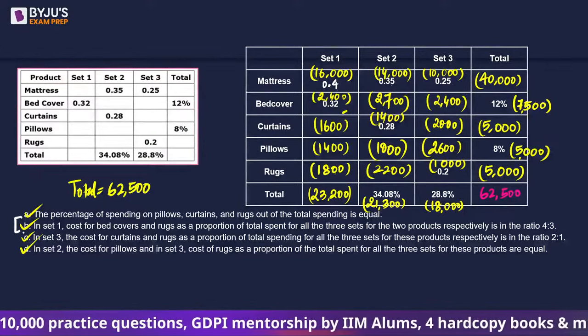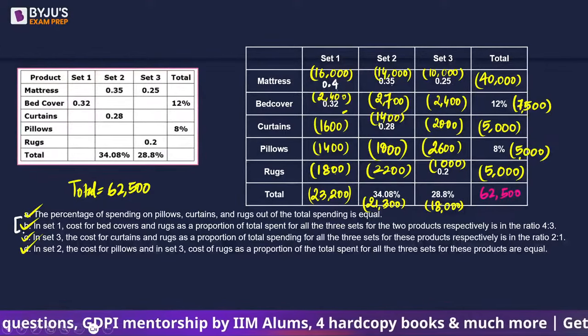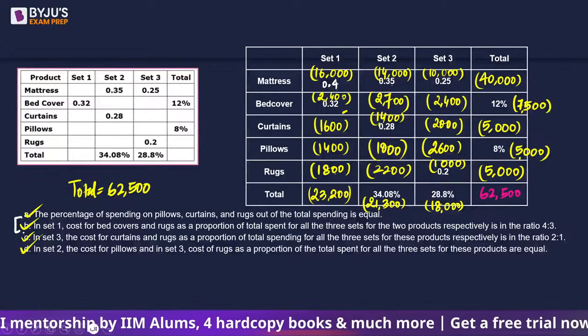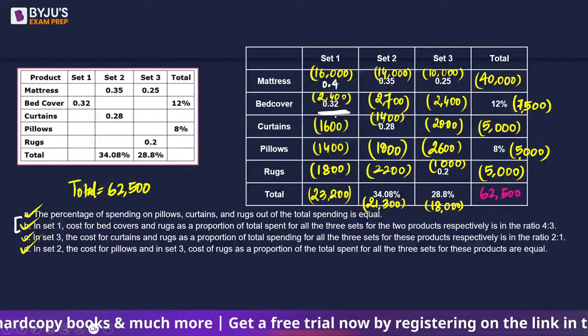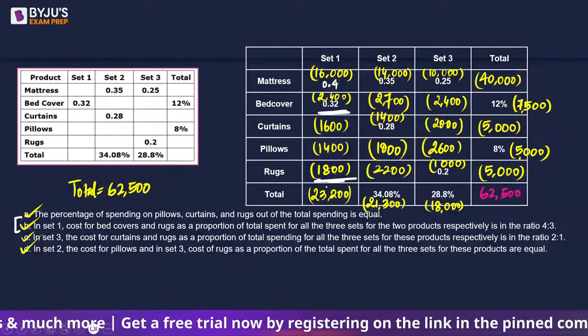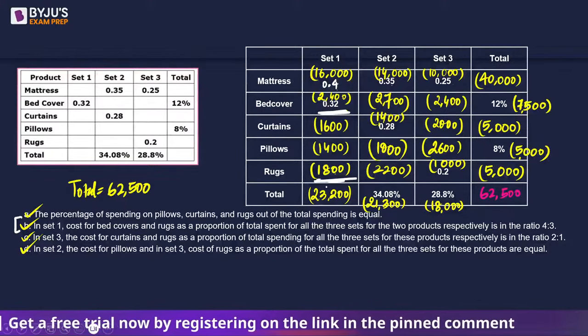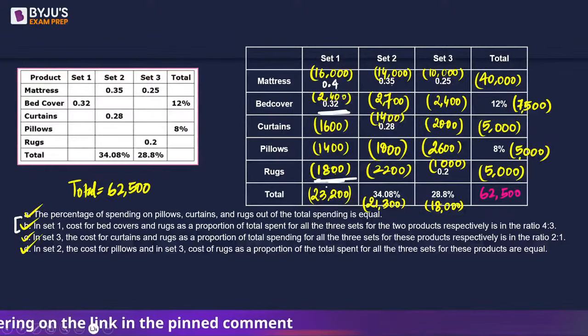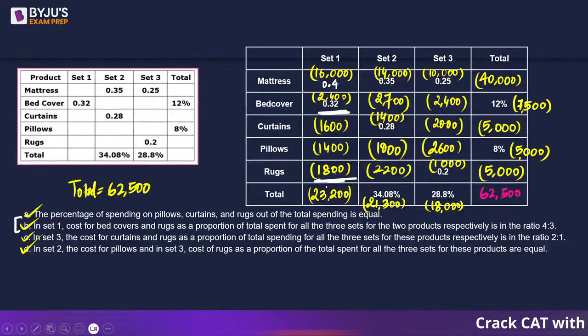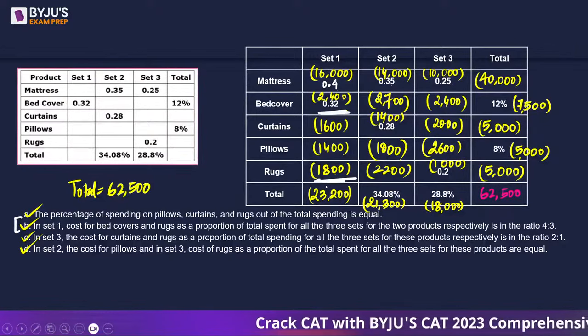Set 1 pillows, statement B we had. In set 1, cost for bed covers and rugs as a proportion of total amount spent on all the three sets was 4:3.